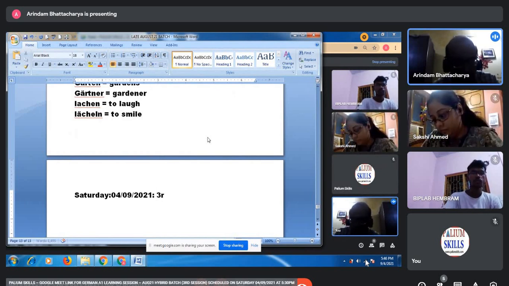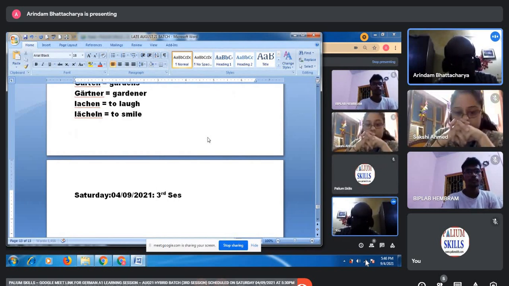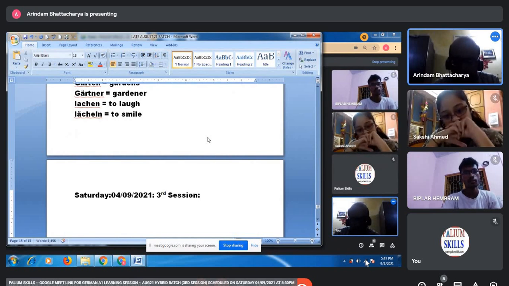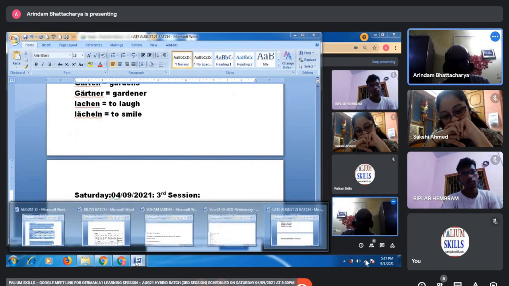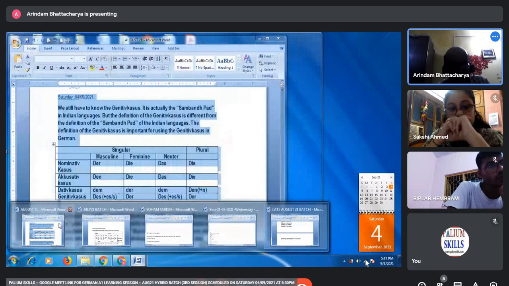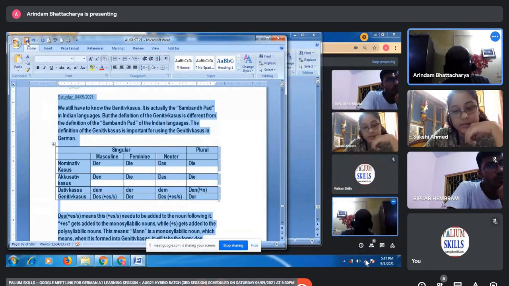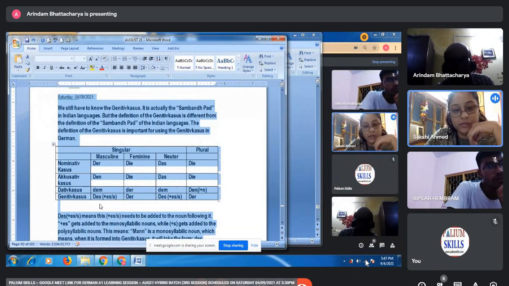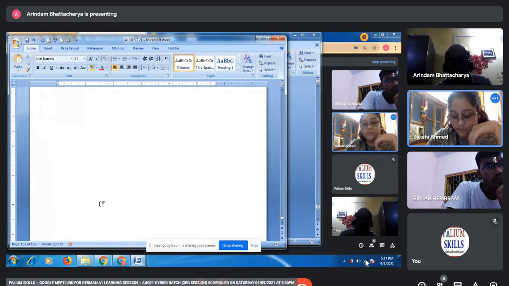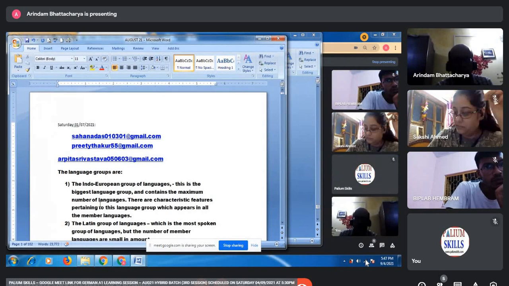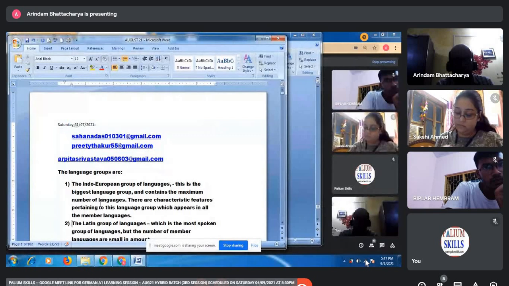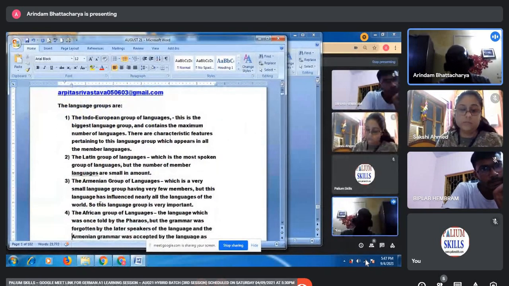Let me write this down. Third session. This is the first chapter we are doing, the alphabet. No, the first chapter was introduction to the German language.